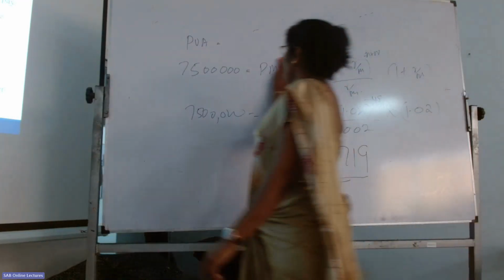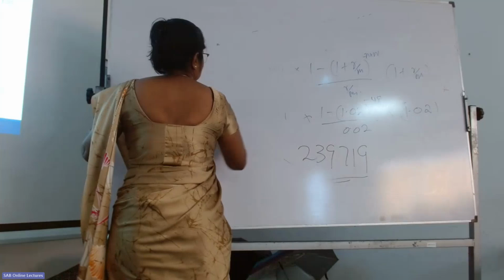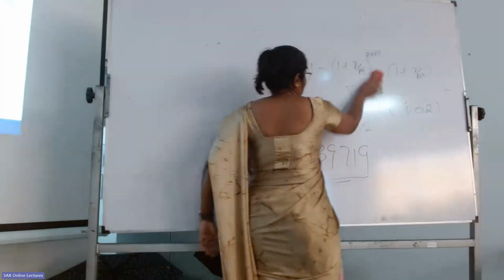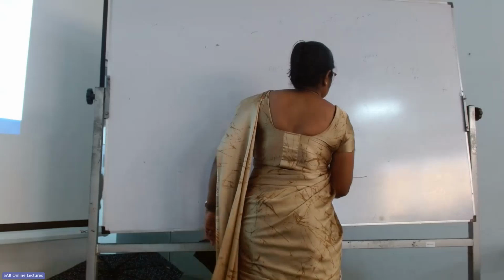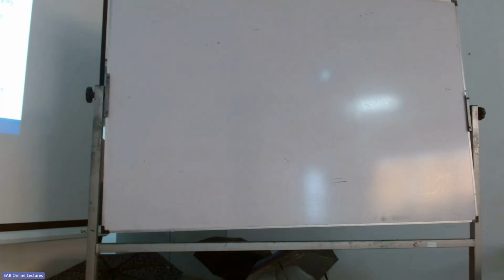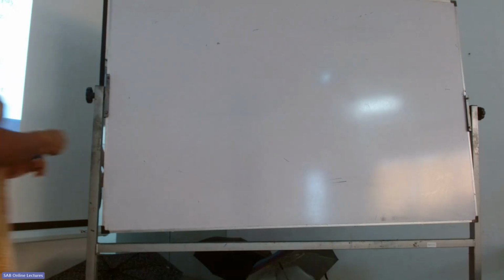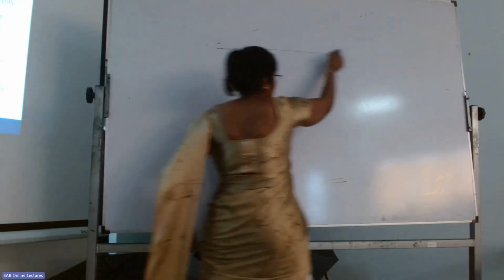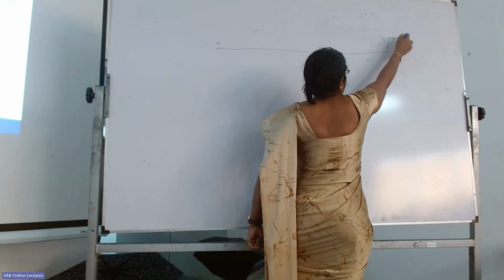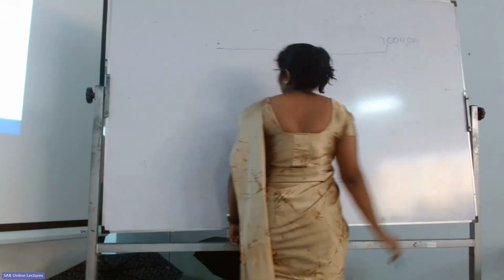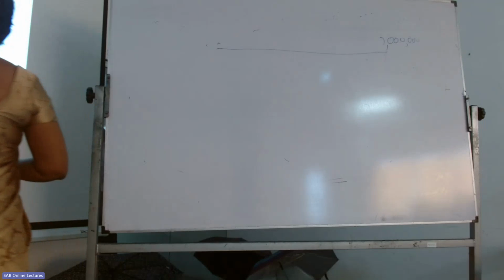You can draw the timeline. You wish to collect 1 million, right? To achieve this financial objective, you are going to make some deposits. You want 1 million at some future date for some requirement, to purchase the land.